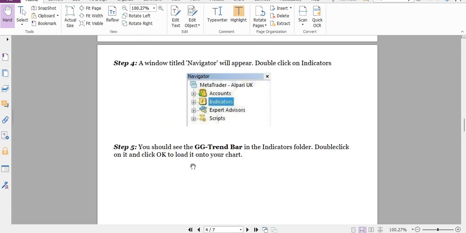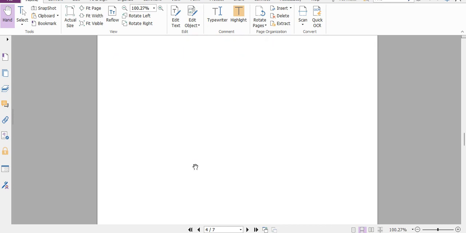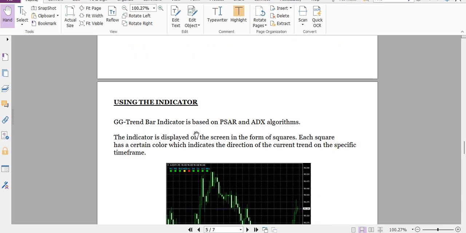After that, restart your MetaTrader, and you will see it in the indicator part, and you can use it. Okay, first of all we do it, and after that we come back to this PDF to continue the description.